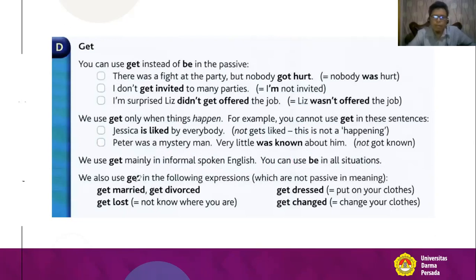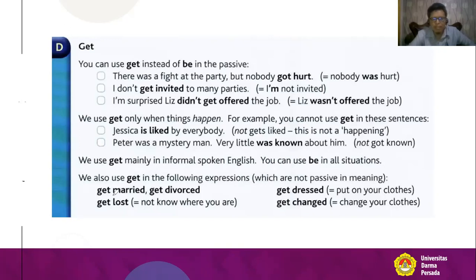We also use get in the following expressions, which are not passive in meaning. Get married, get divorced, get lost. They don't mean passive, because they are expressions which are already like a template.